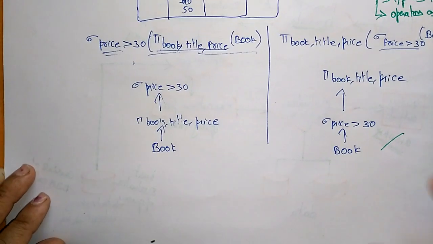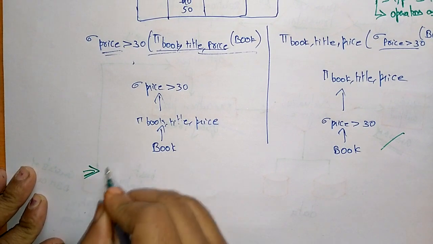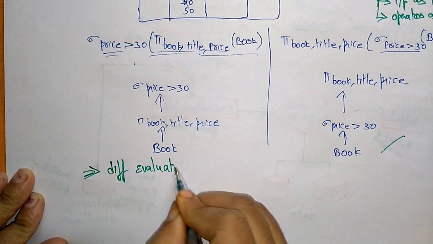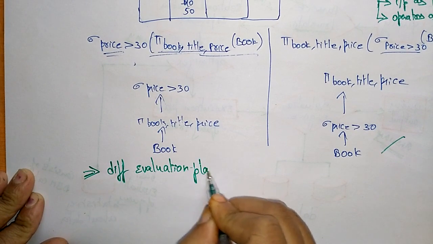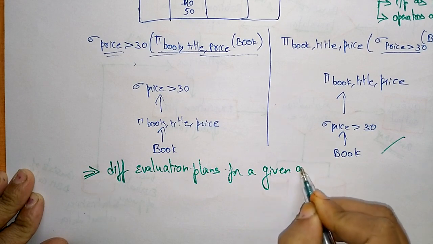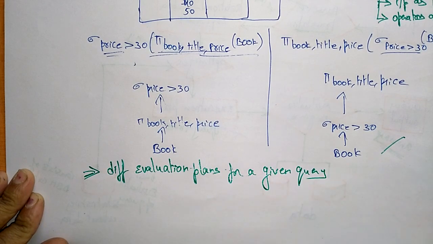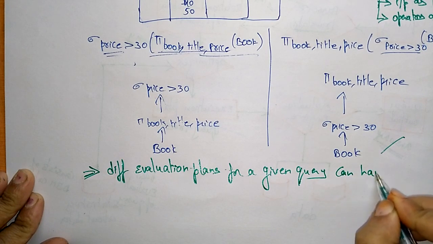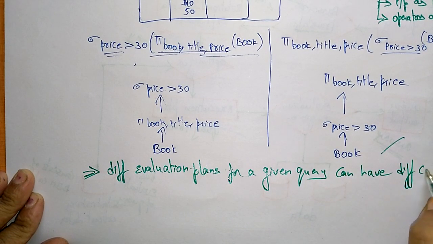The main important note here is that for a given query there can be different evaluation plans, and they can have different costs. Each evaluation plan has a separate cost. Whose responsibility is it?